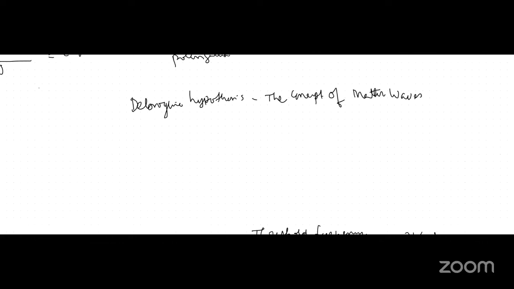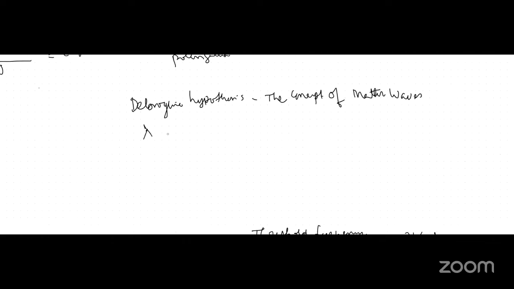Suppose you take a moving particle. Every moving particle has an associated wave. The wavelength of that wave is taken as lambda.